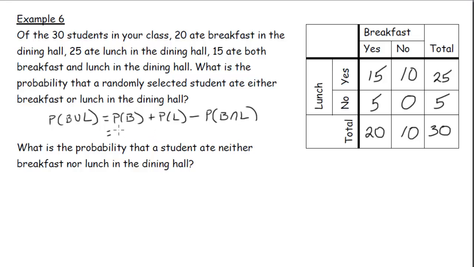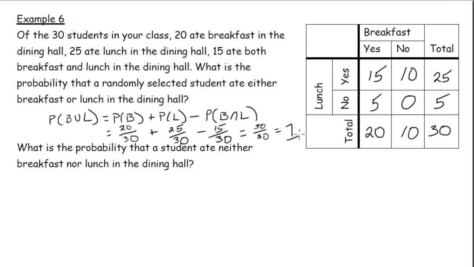Breakfast, we had 20 out of 30. Lunch, we had 25 out of 30. And then I want to subtract off those that ate both, which is 15 out of 30. So this would give me 30 out of 30, which is 100%, or 1.